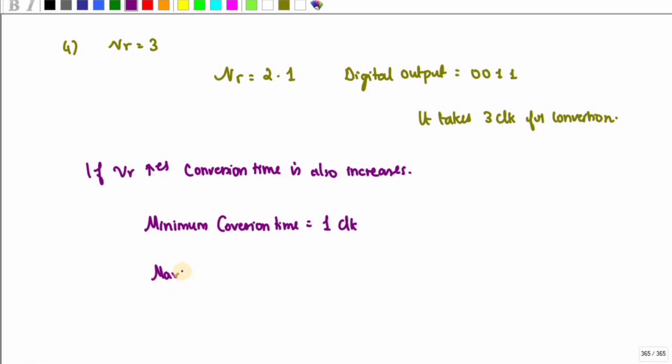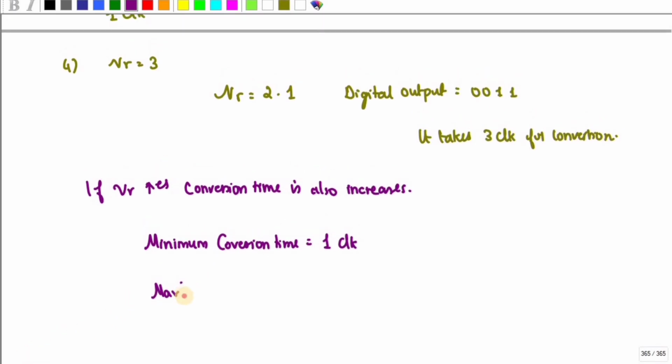Maximum conversion time is 15 clock pulses, right? So that is nothing but 2 power n minus 1. So here the n value is 4, right? Since the n value is equal to 4, it is nothing but 16 minus 1 is 15. Okay, so 16 minus 1 clock pulses.